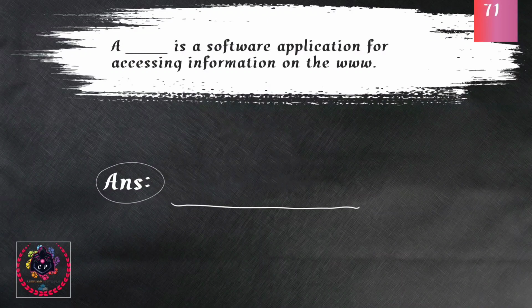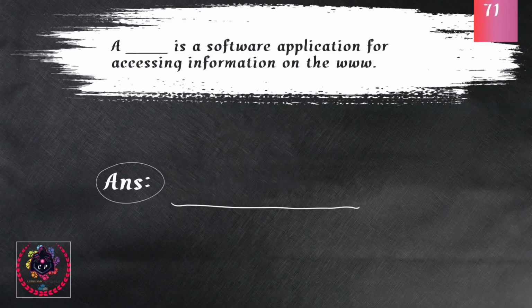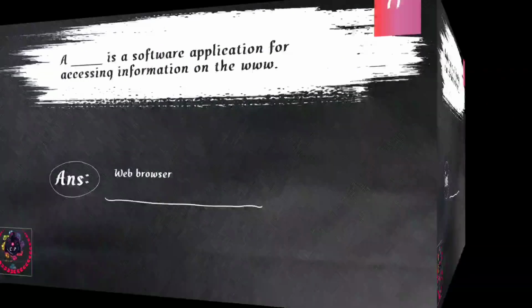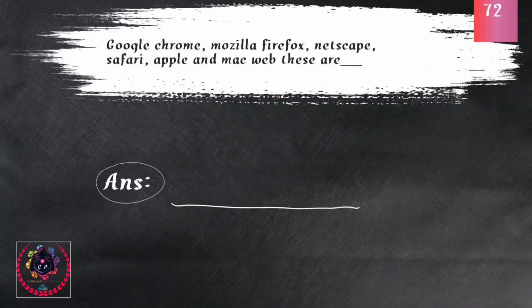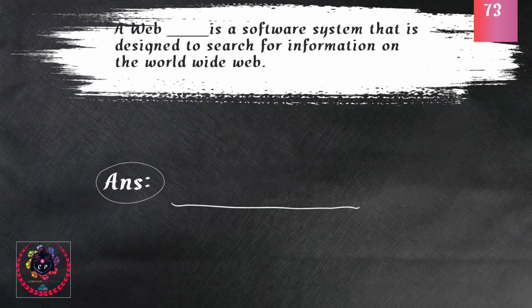A software application for accessing information on the WWW is a web browser. Google Chrome, Mozilla Firefox, Netscape, Safari, and Apple Mac Web are browsers. A search engine is a software system designed to search for information on the World Wide Web.